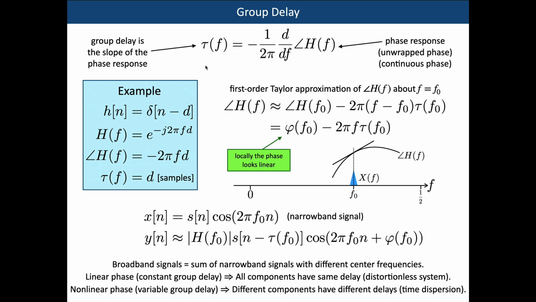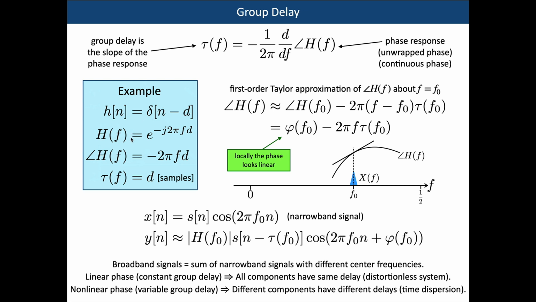Well, what does the group delay tell us? Look at this example for just a minute to get a sense of what group delay is talking about. Suppose we have a system whose impulse response is delta of n minus d. If we convolve with this impulse response, all that's doing is delaying the input signal by d samples. Here we think of d as being an integer value in order for this to make sense.